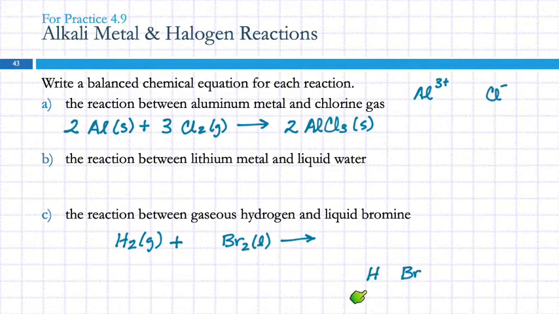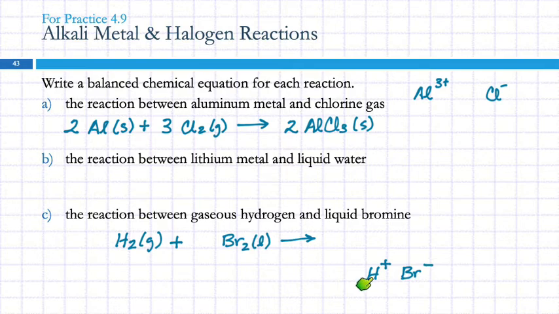Well, that hydrogen should make you think this might be an acid, right? If it's an acid, when it dissolves in water, it forms ions. What ion does hydrogen form? +1. Just like the alkali metals, it's pretending to be an alkali metal over there. And what ion does bromine form? -1.